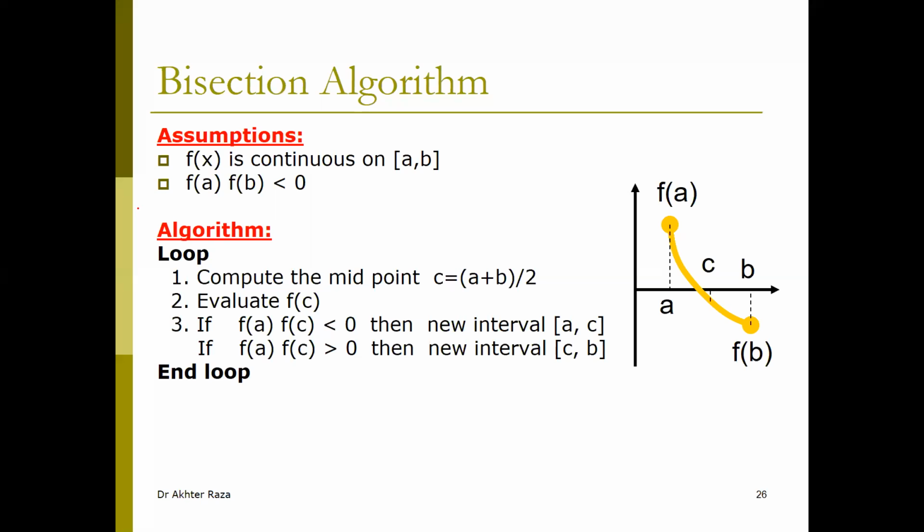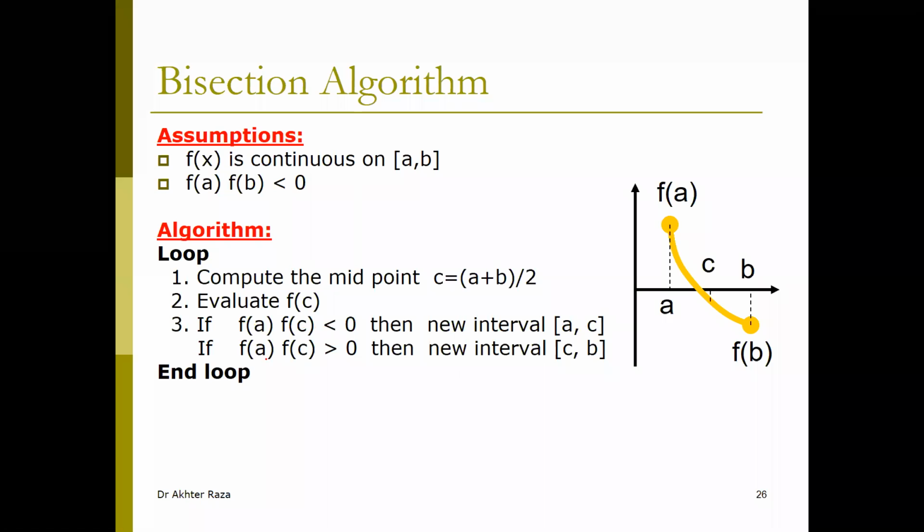This is the algorithm. If f(x) is continuous and f(a) times f(b) is less than 0, then compute the mid-value c and evaluate the function at c. If f(a) times f(c) is less than 0, then the interval will be a and c.